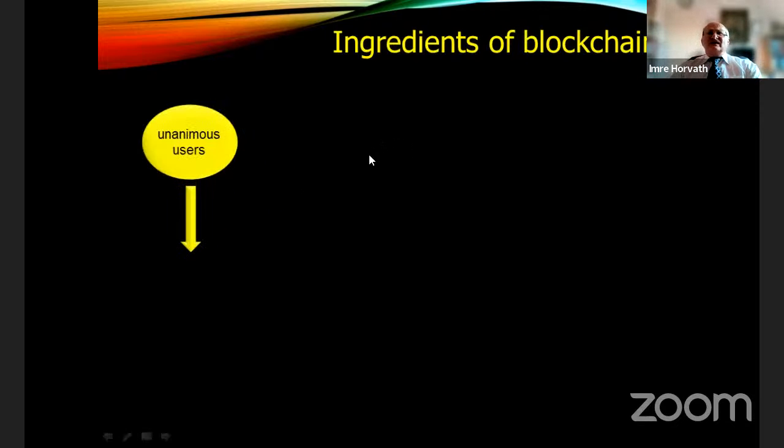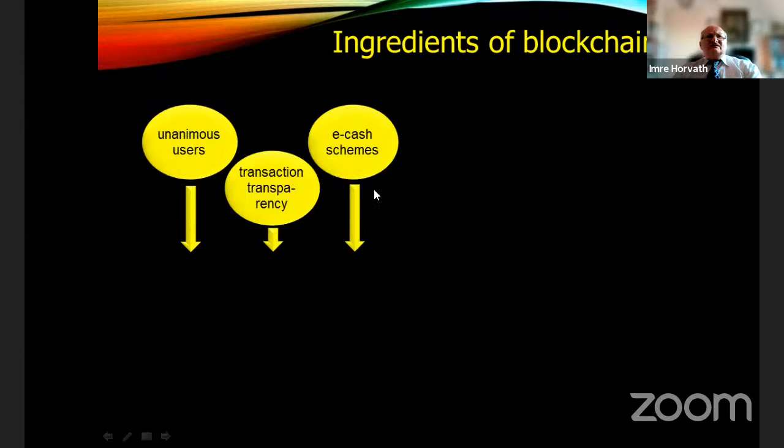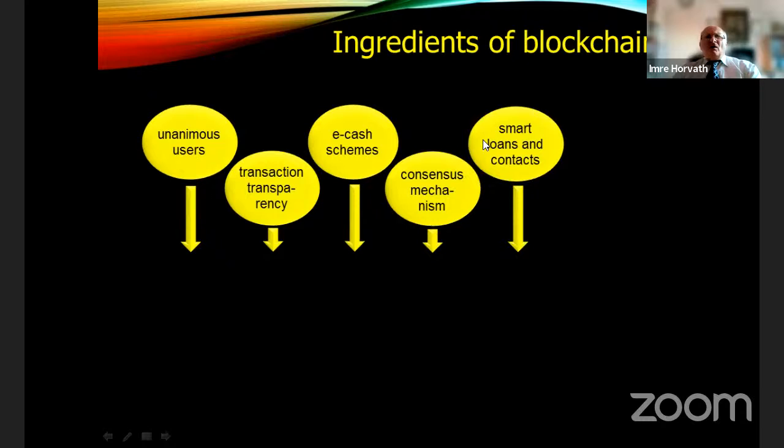The ingredients of the blockchain are the first thing we have to see as a connection to this video. The major ingredients are, for instance, the users who are anonymous. Then transaction transparency is a concept that blockchain deals with. Then e-cash schemes is the third one. The fourth one is the consensus mechanism between multiple parties. Then smart contracts also.